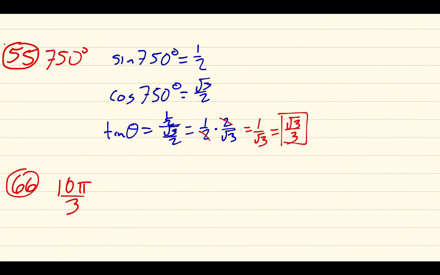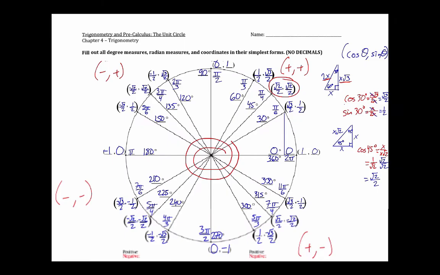Similarly, 10 pi over 3. Again, not on the unit circle. Let me clear out that middle spiral there just to be clear. 10 pi over 3, well, that's the same as 3 1/3 pi.